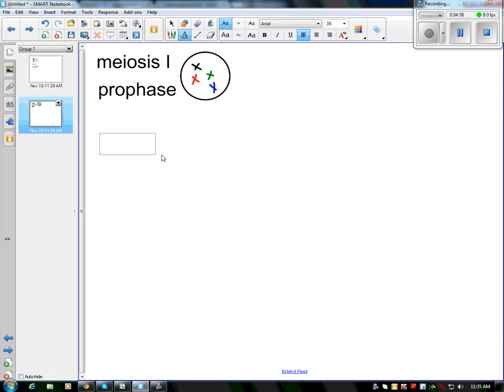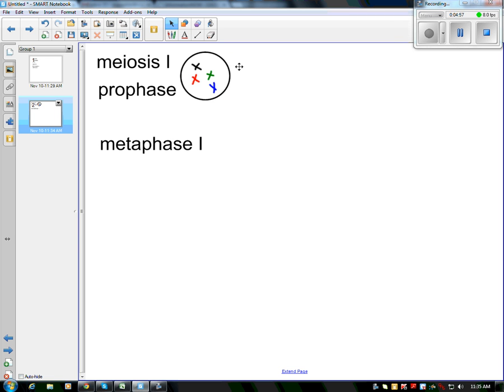Then during metaphase, this is 1 also, I'm sorry. 1. Jeepers creepers. All right, let me see how I'm going to do this. I got to move this over. this over, this over. Sorry about the delay.